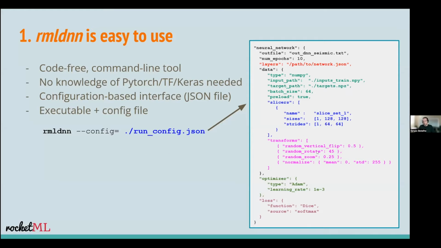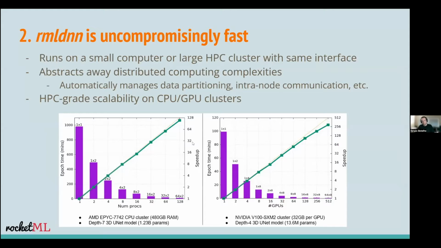Before we dive into more details about this configuration and the run itself, let me talk about point number 2. Why is it uncompromisingly fast, right? RMLDNN is from the get-go written with distribution and parallelization in mind, as opposed to most of the popular libraries and packages out there, for which parallelization is an add-on, an after-the-fact thought.